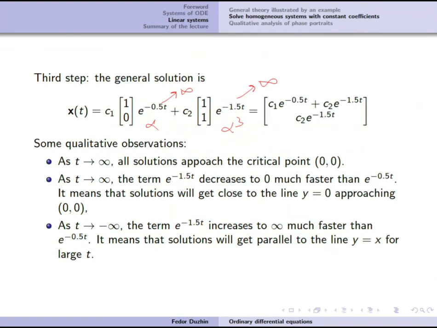Both alpha and alpha cubed are very large numbers, but alpha cubed is so much larger than alpha that you can just forget about the first one and look at the second one, which is parallel to the vector (1, 1). So it means that solutions, when they are far from the origin, are going to be parallel to the line y equals x.